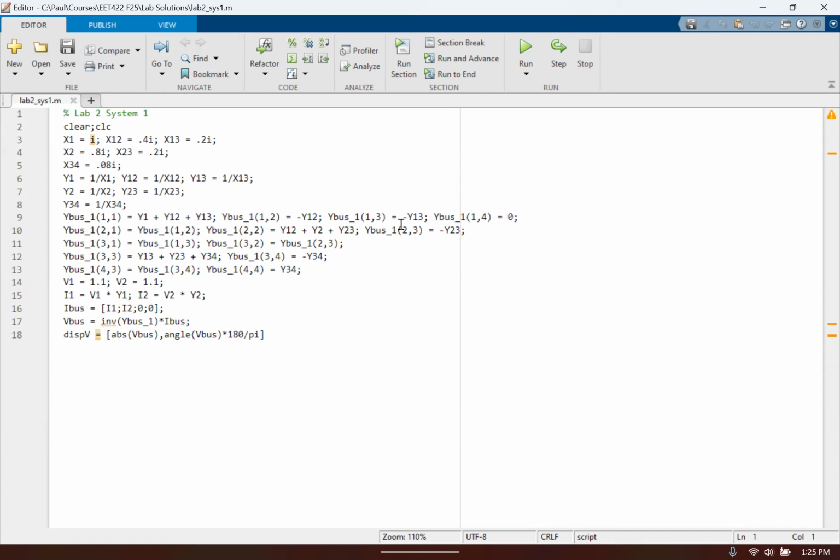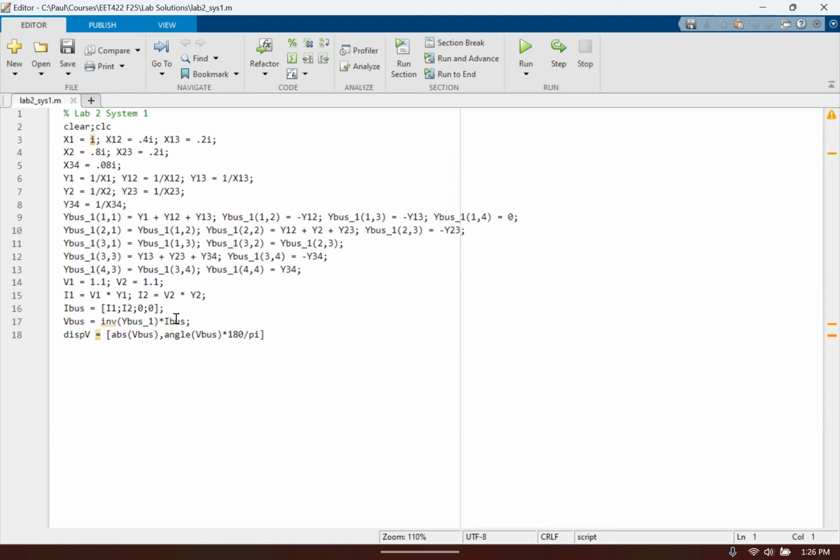It's the same thing, right? Because Y is 1 over Z. So I could have done either one. Over here on line 15, I could have done V1 divided by Z1, because I have that here, X1. But I just said, hey, let's use admittances because it makes it easier for us. It's already there calculated. So let's just go ahead and do that.